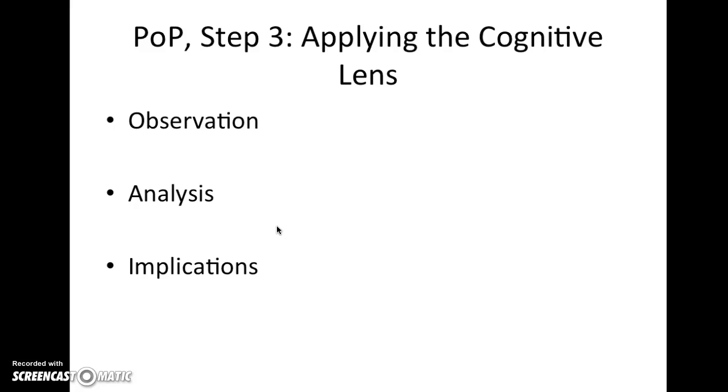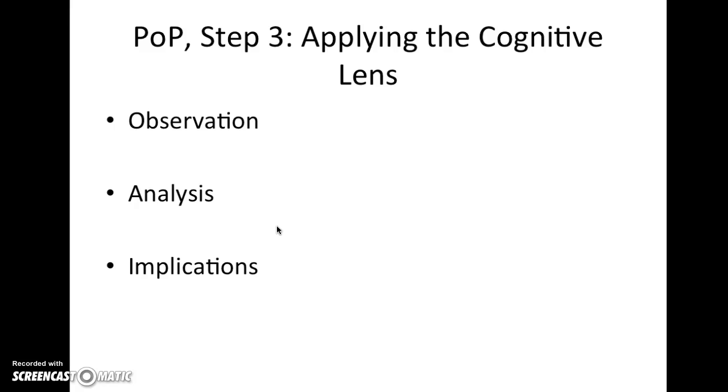So there are going to be 3 pieces. One is I just want you to describe what it is you observed, right? What is it that took place in your classroom? Give me the sense, the context of it, and how it connects to your problem of practice. In the analysis portion, I want you to talk a bit about how what you've learned about the cognitive approach from your readings and from your group task applies to this particular situation.